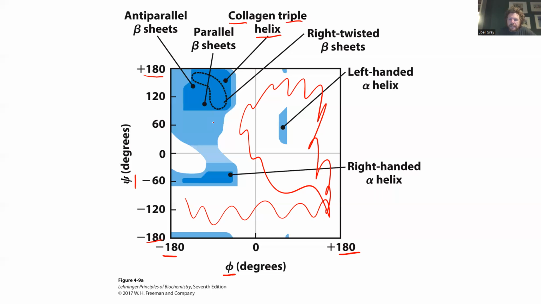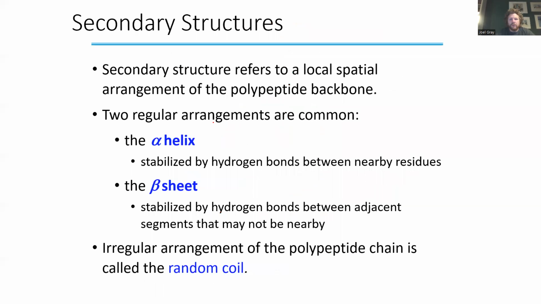Now, of course, you can design specific or unique peptides that are going to form really unique Ramachandran plots. But what this is showing is kind of an average, and it's showing rough ideas of where different structures are going to be found with respect to their bond angle combination.